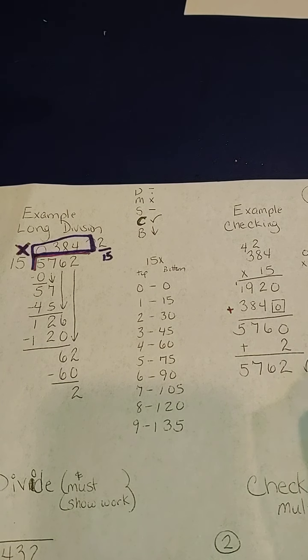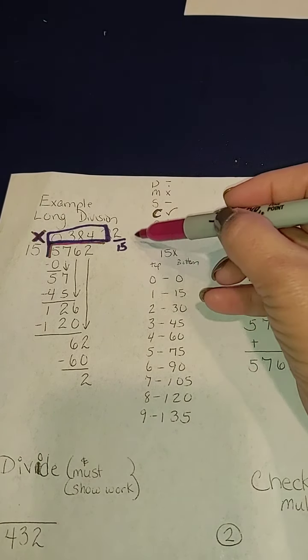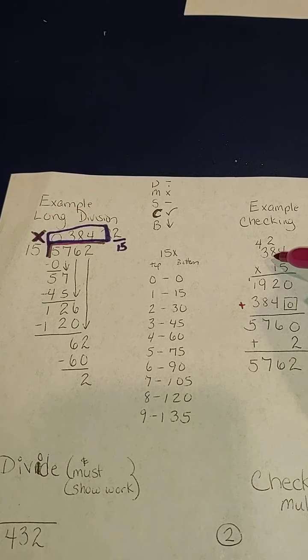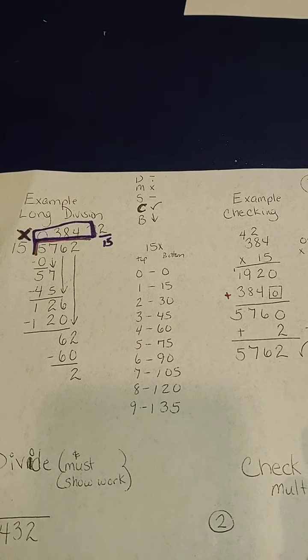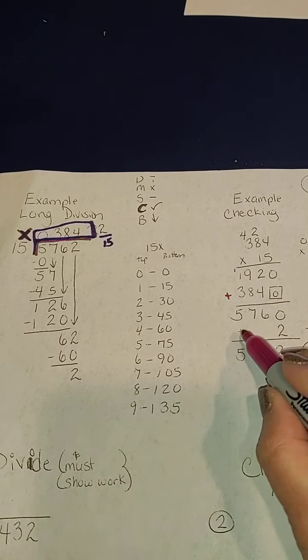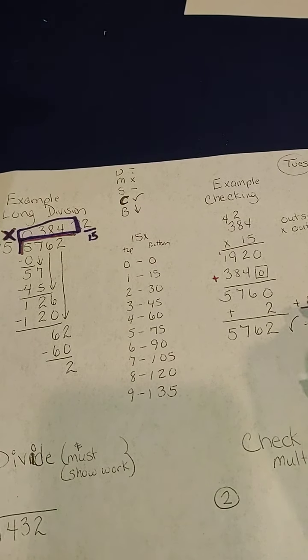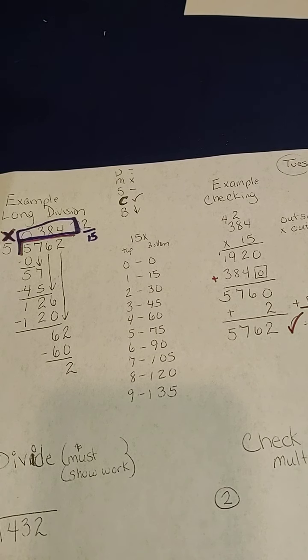But then we have to remember we had a remainder. Now, instead of multiplying through by 384 and 2/15, I'm going to take my remainder of 2 and just add it at the end. So if I take my remainder and add it, then I end up with 5,762, just like the dividend in my original problem, which means it checks out.